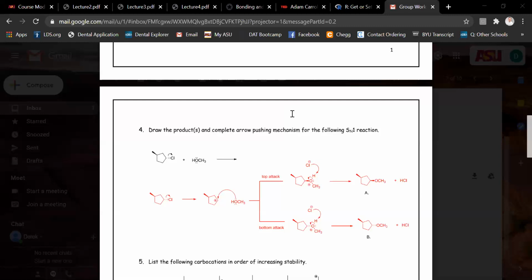So the leaving group leaves, carbocation intermediate forms, and then the nucleophile attacks from both sides. That's what makes two products in SN1 reactions, right? It's the stereochemistry, it attacks from both the top and the bottom. If there's not a stereocenter there, then it's not going to have two products. But if there's a stereocenter, then there will be two.